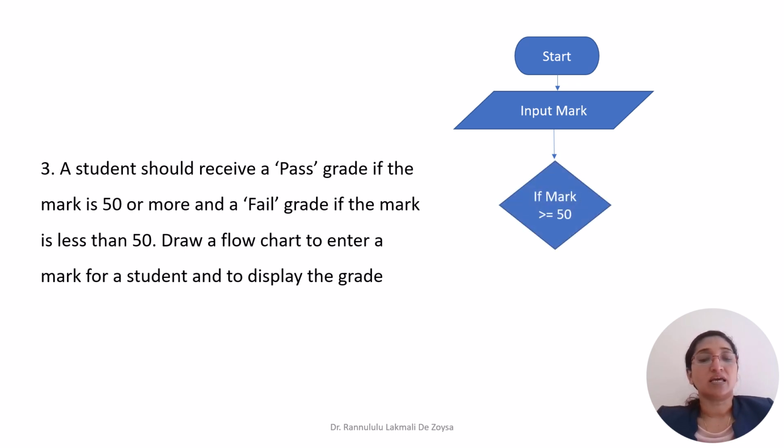So you write if mark, the value that you have entered, that particular student's mark, is greater than or equals to 50. This condition can be true, this condition can be false. If the mark that you have entered is 85, is this condition true or false? True.